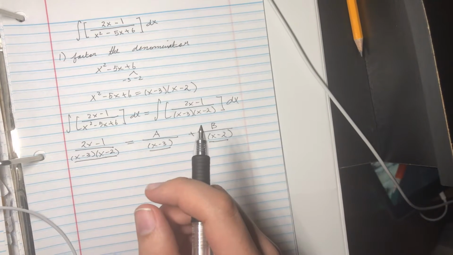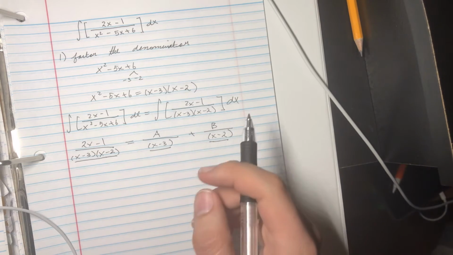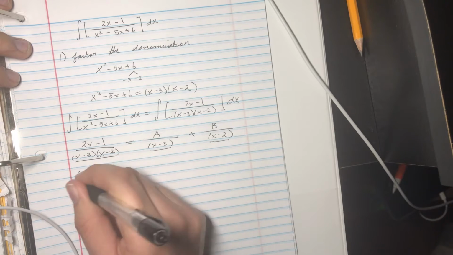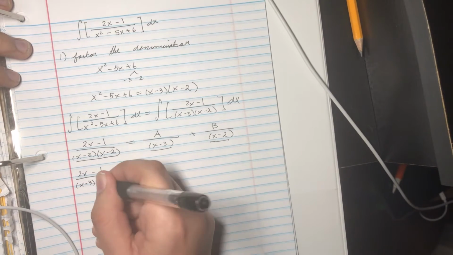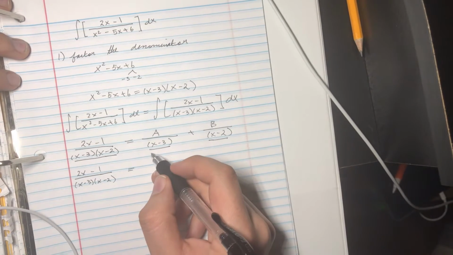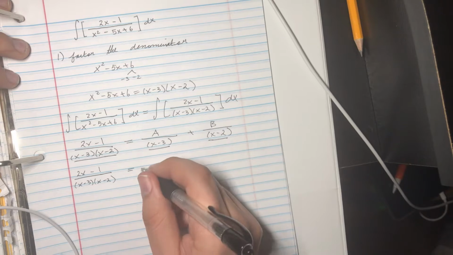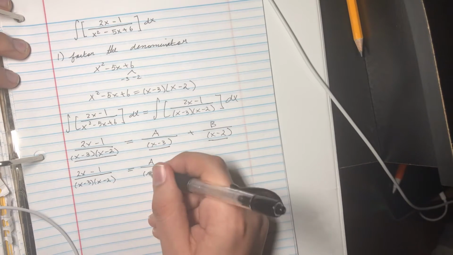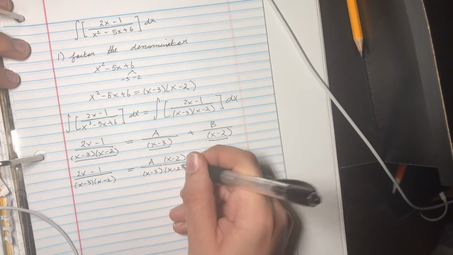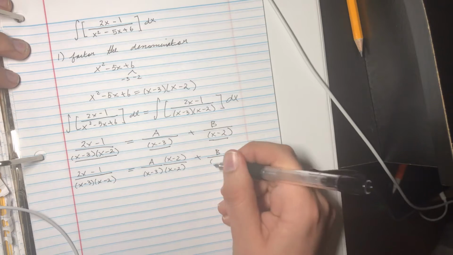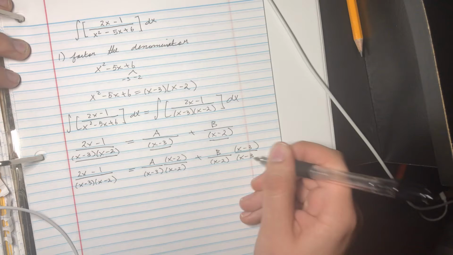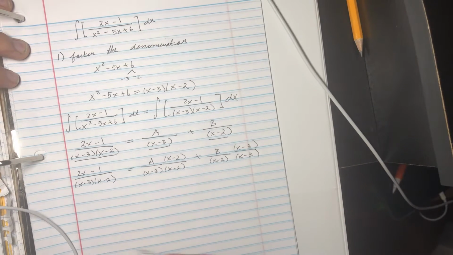So let's create an equation by finding common denominators. Let's rewrite this, everything on the left side. Now, if we want to add these two fractions together, we need to find a common denominator, which means that we have to multiply this fraction by x minus 2 over x minus 2, and multiply this fraction by x minus 3 over x minus 3. Good so far?